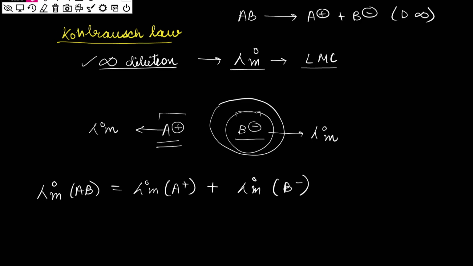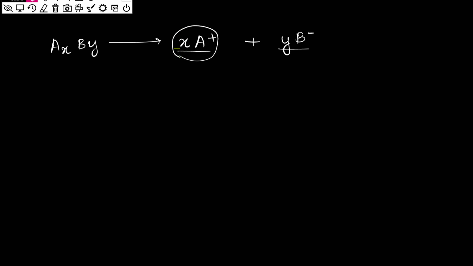For this we can also give a generalized form. Suppose there is a salt AxBy, so we know that it will dissociate to form x A plus and y B minus. These x and y are the stoichiometric coefficients, and they will be multiplied with the limiting molar conductivities also.